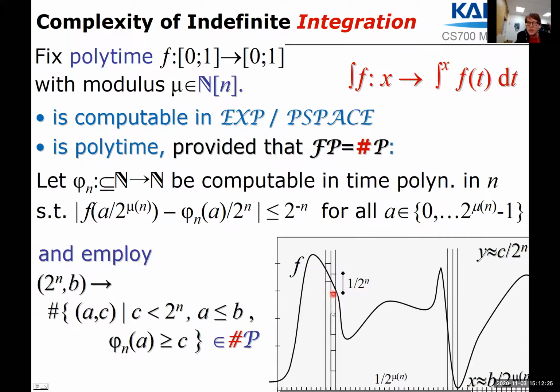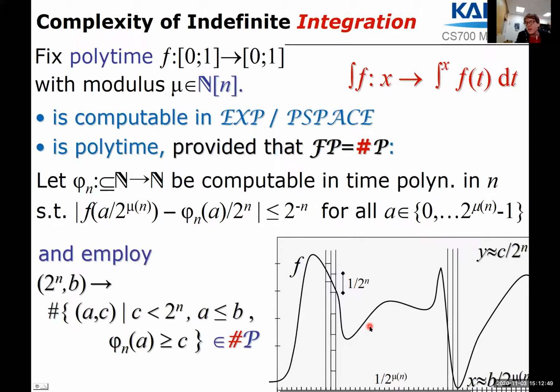Instead, we count the number of subintervals because that's what constitutes the area. That's the Riemann sum here. And we count all of them up to here and then divide by 2 to the n and 2 to the minus 2 to the mu of n to get an approximation of the area.